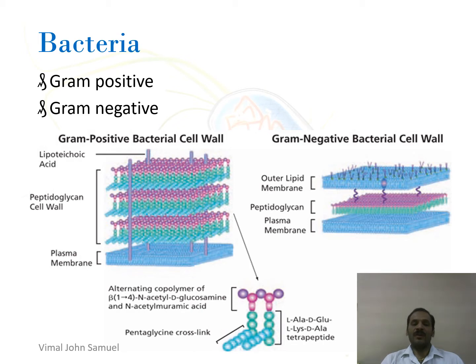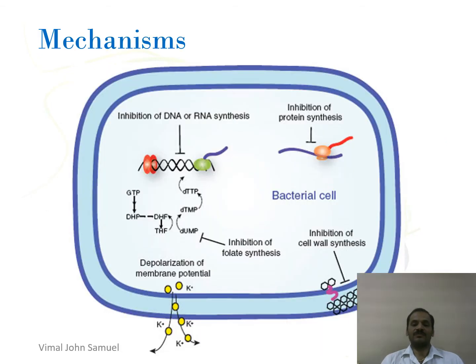So when we do the gram staining procedure, due to the presence of this lipid content, most of the stain does not enter the gram-negative bacteria. Hence we classify gram-positive and gram-negative bacteria because of the staining, which represents the peptidoglycan layers and the presence of a lipid membrane as an additional protective membrane in gram-negative bacteria.